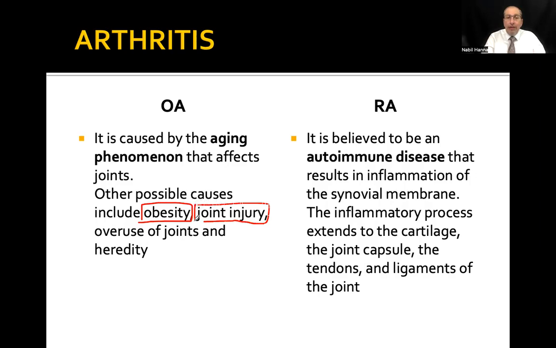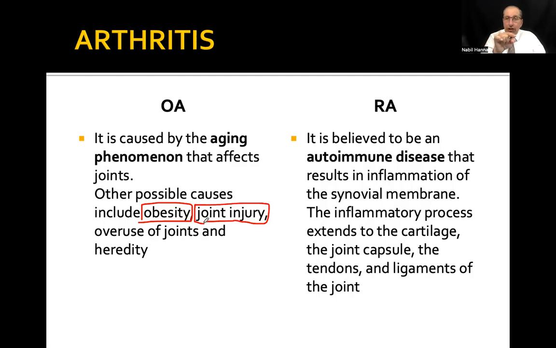Therefore, football players, soccer players, basketball players, if they sustain a joint injury in their 20s, like an ankle injury, that particular ankle where they had the previous injury will develop osteoarthritis pretty early. Maybe in their 40s, they can have significant osteoarthritis in that joint. Why?